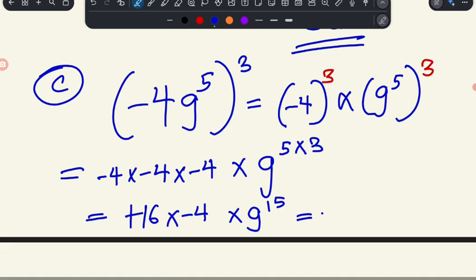So the minus will surely affect to have 64, plus 64 onto g raised to power 15. So this is just how it is. You're able to see the way it is being analyzed.